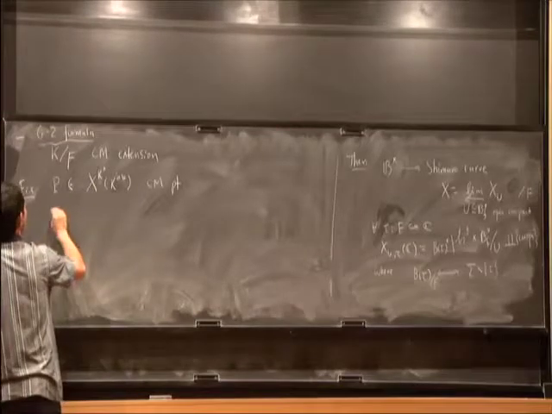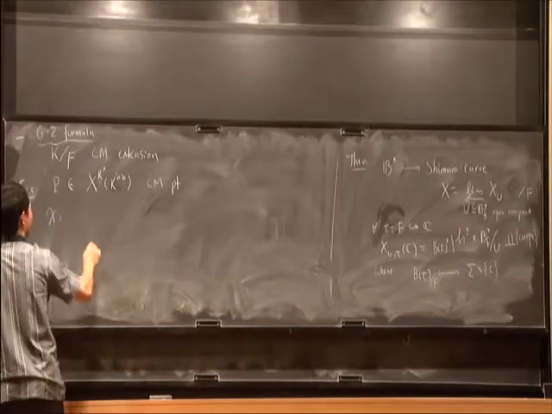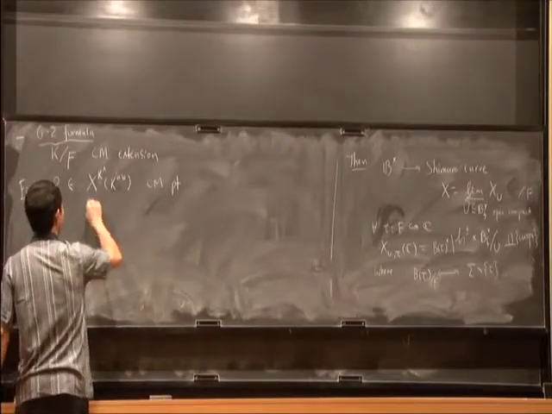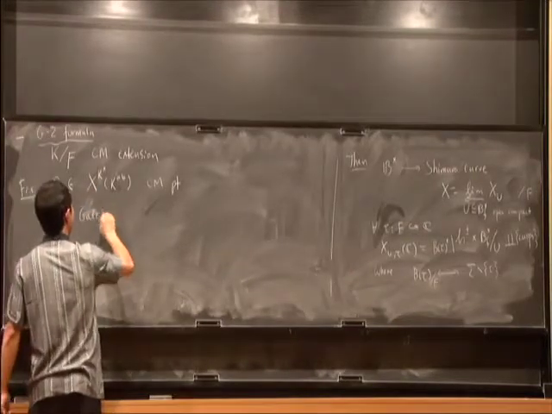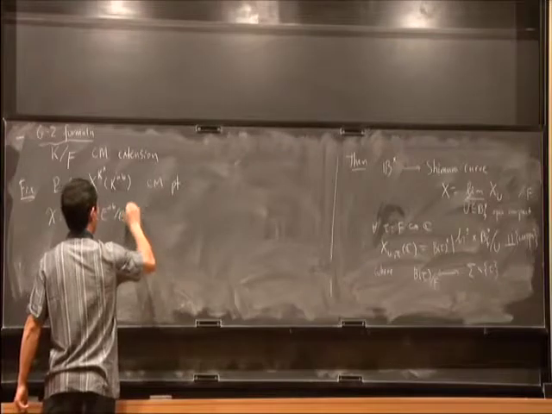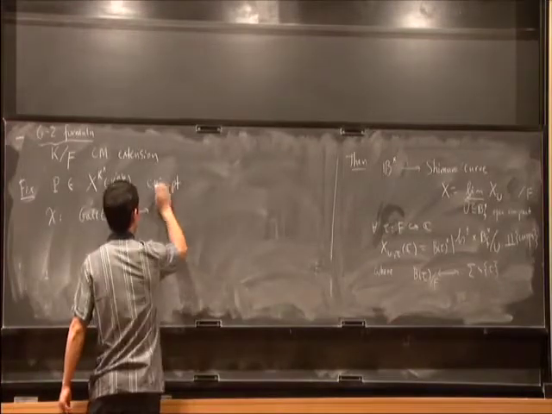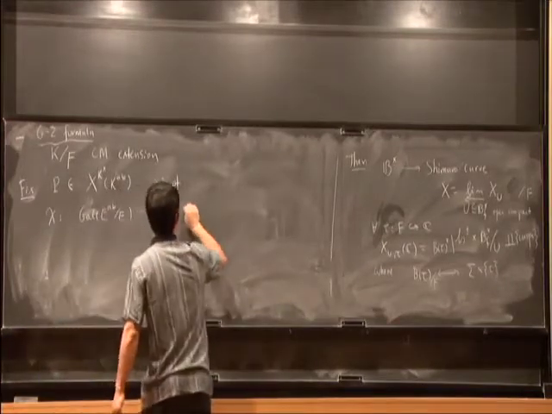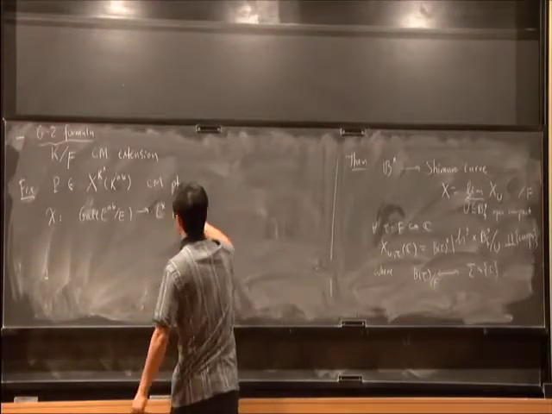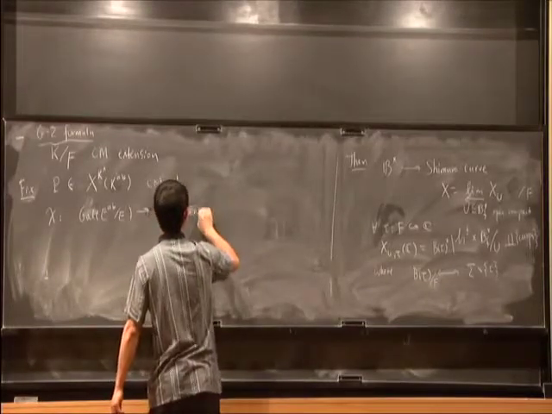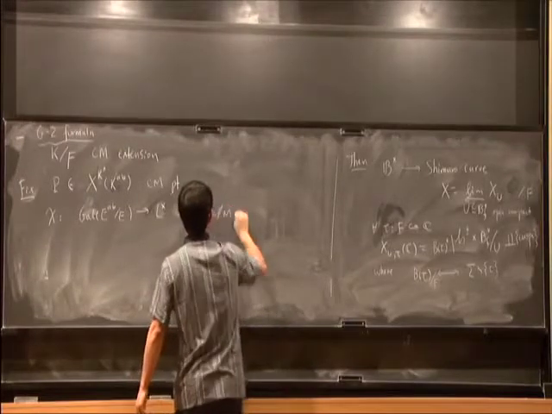And then suppose we have a character chi from A_K cross, from the Galois group, with values in L, where L over M is a finite extension.